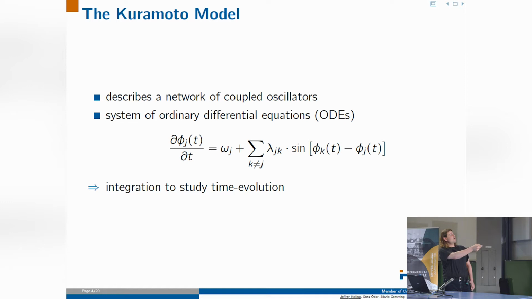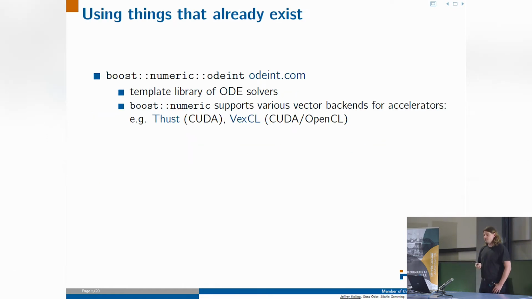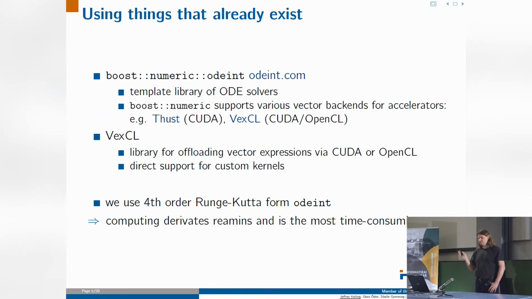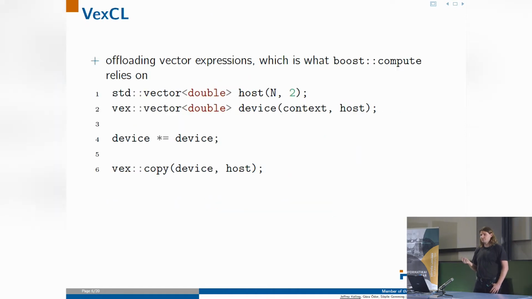Calculating the derivatives is much more work, because we get one number per oscillator, and for each we need to sum up multiple numbers and compute the sine function and such things. This is why it consumes like 99% of all the GPU time.